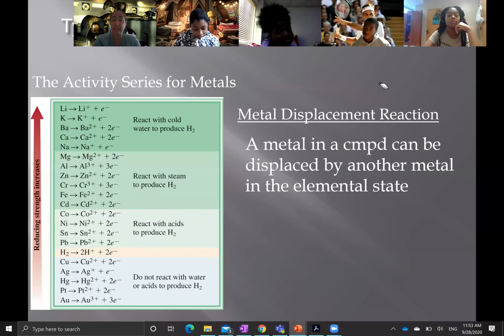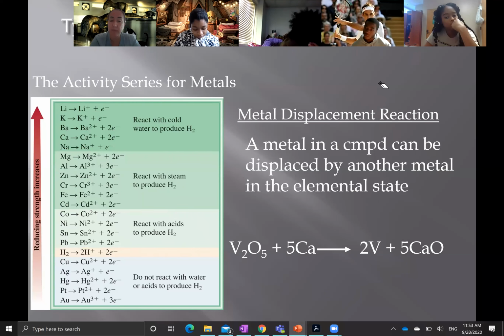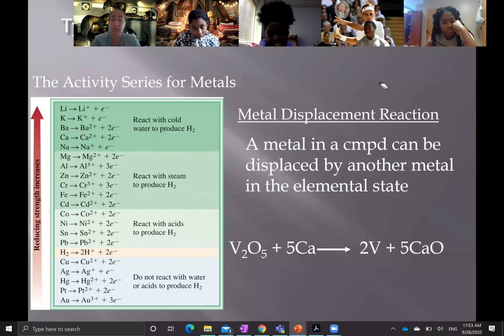So if I gave you this reaction, vanadium oxide with 5 whatever calcium, solid calcium, would I be able to get those products? I don't see vanadium on the chart. So if you don't see vanadium on the chart, then what would you guess?